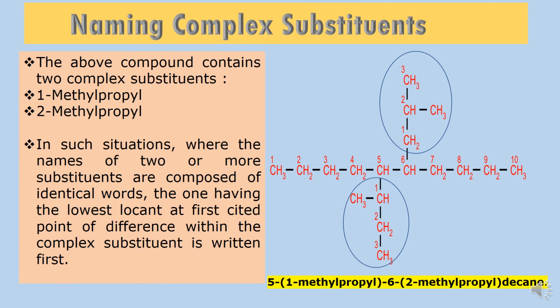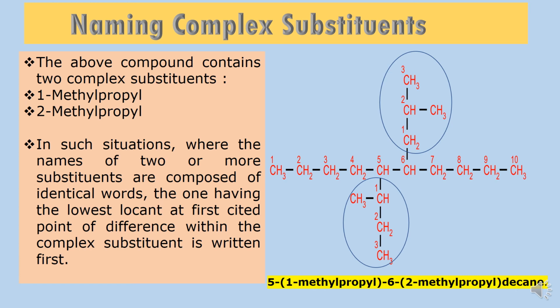Next is, if two similar types of groups are present but they have just a difference in the number of locant only, means the groups are of the same carbon atoms, the same name is there, just the number of the complex substituents differ in the position of the group.